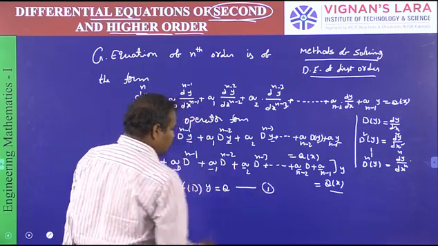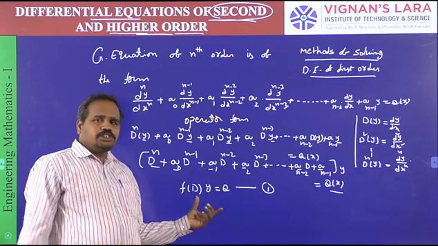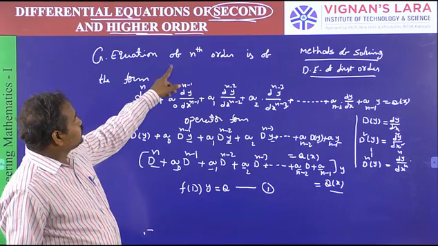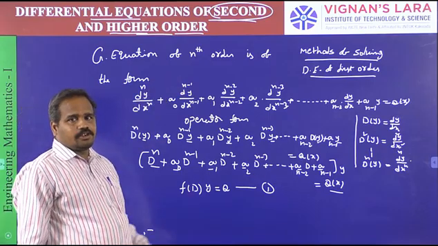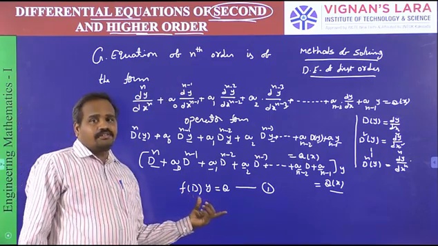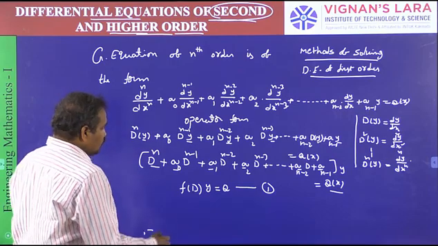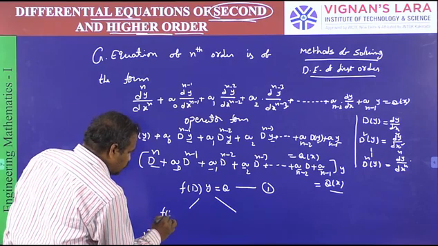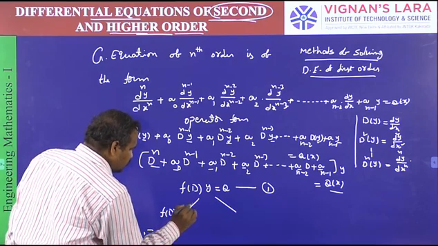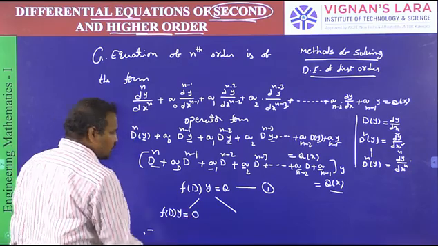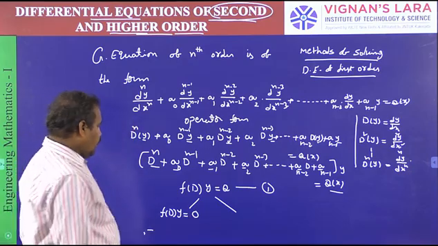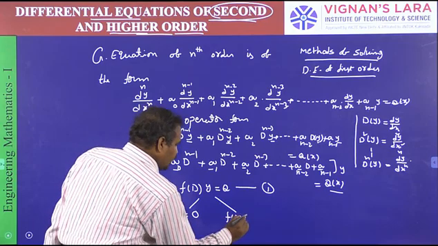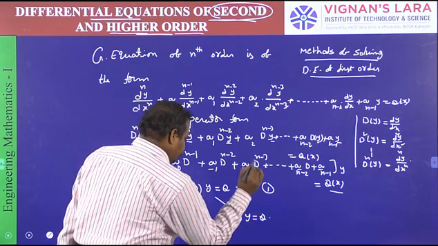This is our equation. So f of D into y is equal to q is the general equation of nth order in operator form. This equation has two solutions. One solution corresponds to the equation f of D into y is equal to 0, and another corresponds to f of D into y is equal to q.